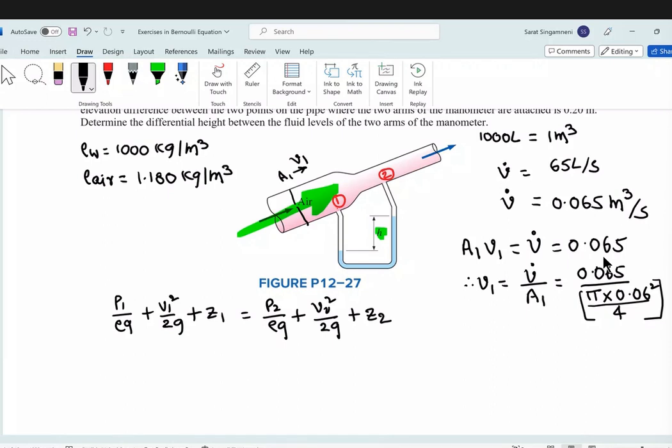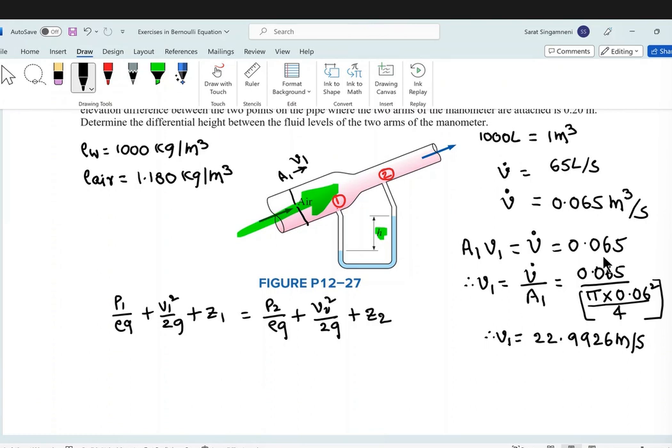That is the area. So the velocity at point 1, V1, because it's the same velocity in that duct, is equal to 22.9926 meter per second.